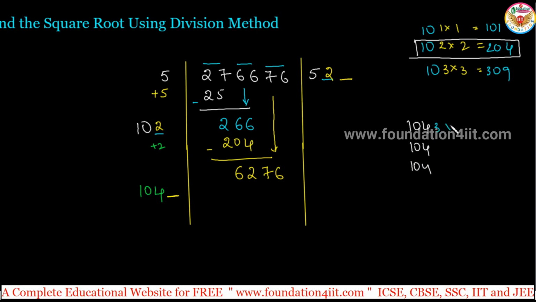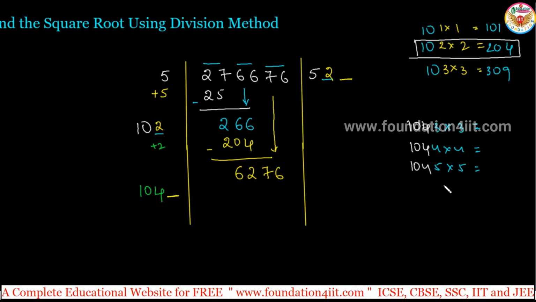So 1043 into 3, is it less than this or not? 1044 into 4, 1045 into 5, until you get the same 6 into 6.